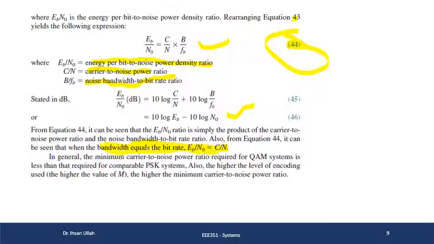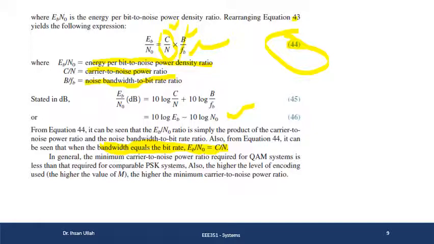So in such a case EB by N naught will be equal to C by N, only this part. Where bandwidth is equal to FB, they will cancel each other out, and EB by N naught is going to be equal to C by N.